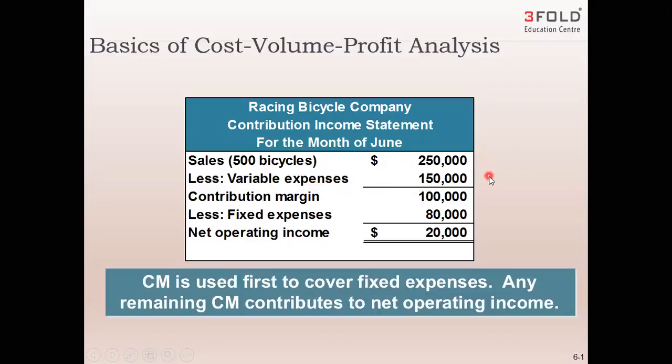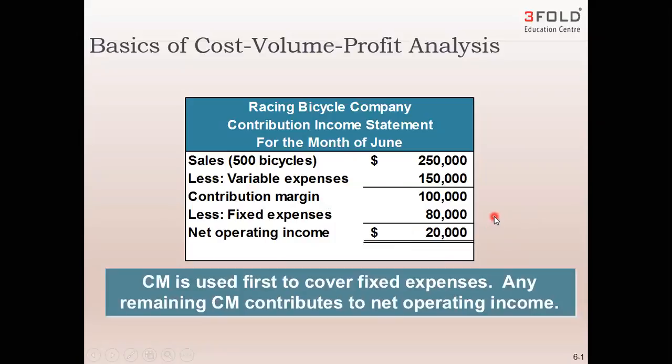So sales minus variable expenses gives what's known as the contribution margin. It's called the contribution margin because it contributes towards covering fixed expenses, and we will see what fixed expenses mean, and then also contributes towards giving us some kind of a net income.